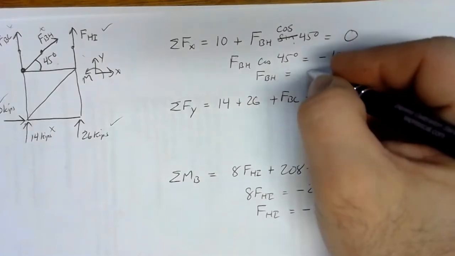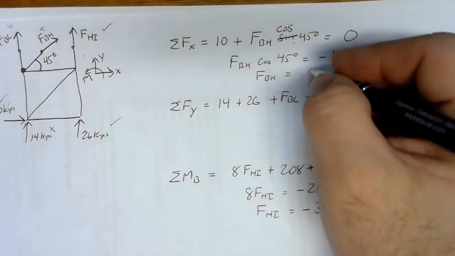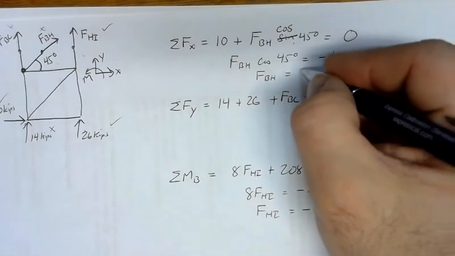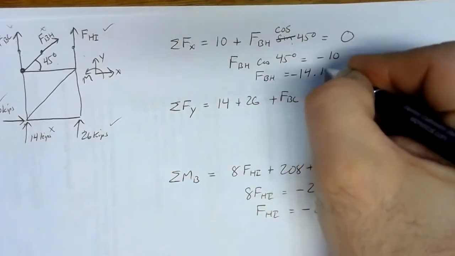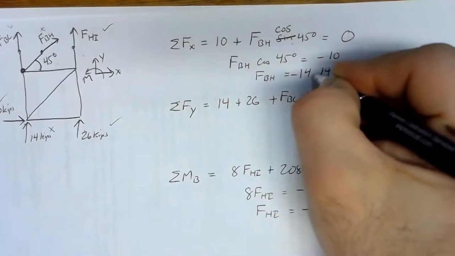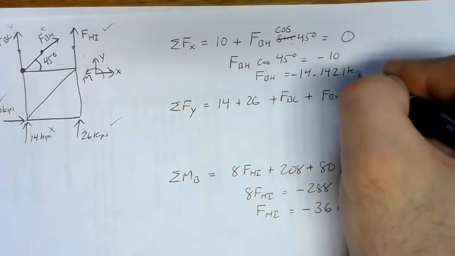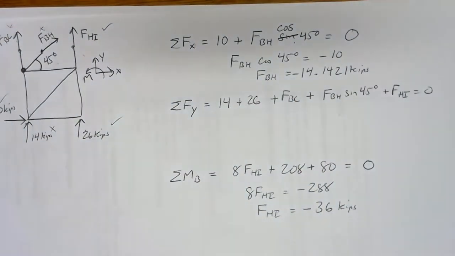Remember, we're keeping 6 sig figs, so we have 4 good sig figs in the end. So this would be negative 14.1421 kips. Also came out negative, so that means member BH is also in compression.